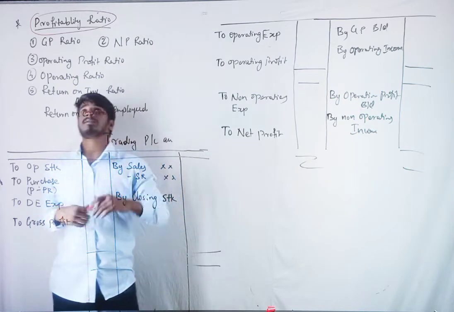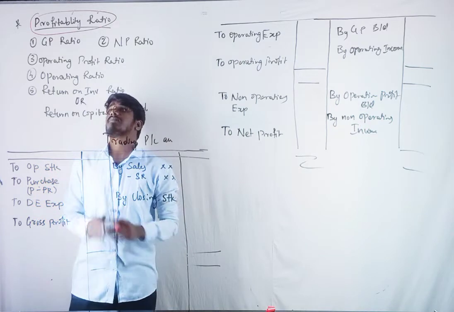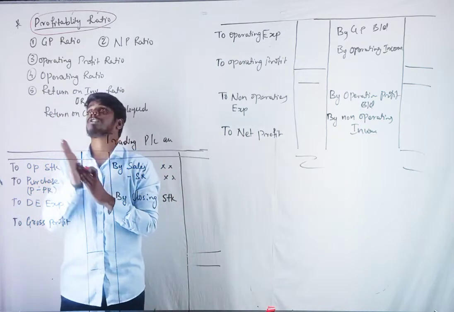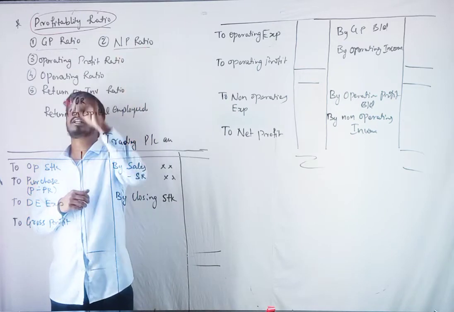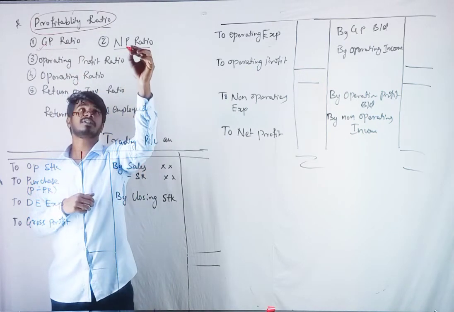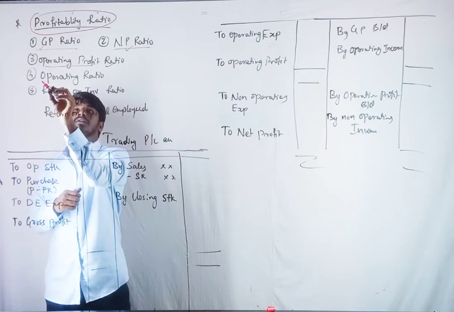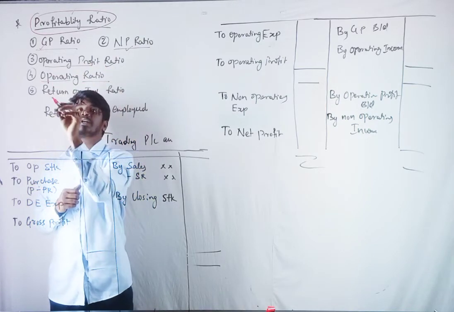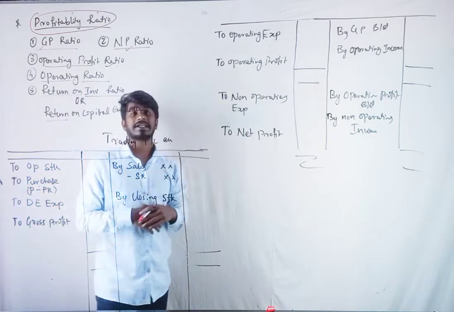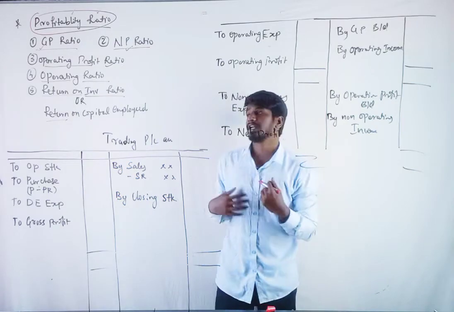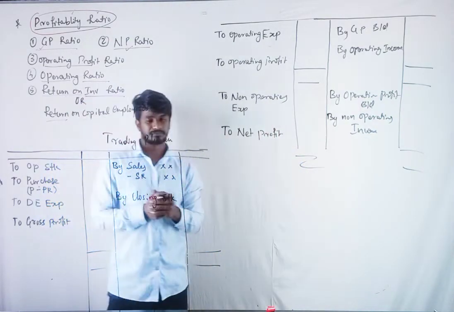Under the major head profitability ratio, we have sub ratios: gross profit ratio, net profit ratio, operating profit ratio, operating ratio, return on investment ratio, or return on capital employed. Whatever capital we have employed, the return on that.